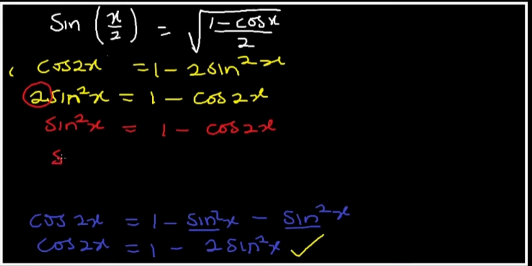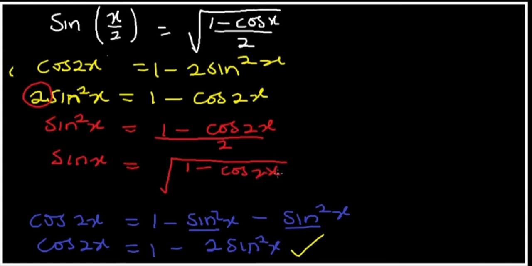I have to take the square root of both sides, so I have sine x, in other words, is equal to the square root of 1 minus cos 2x over 2. Don't forget I have over 2 here. What does this simply imply? If this is x, this is 2 times what is here. So we can now say that this one here is the half of this.